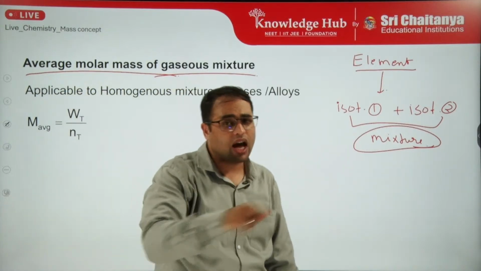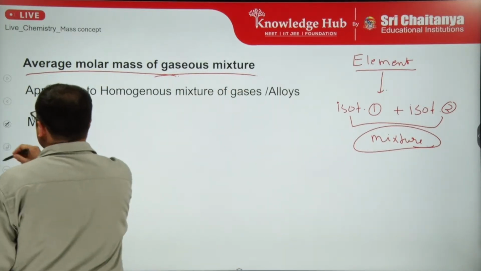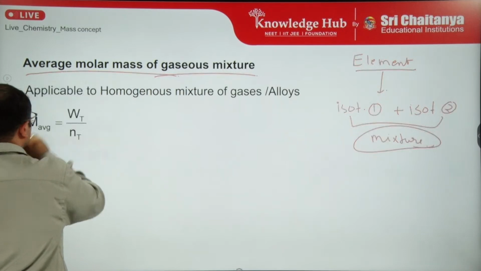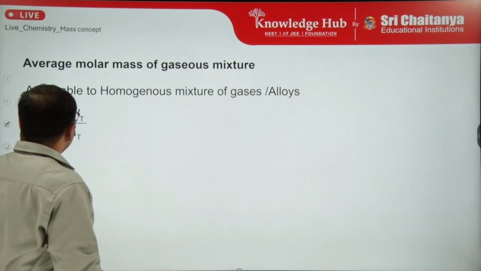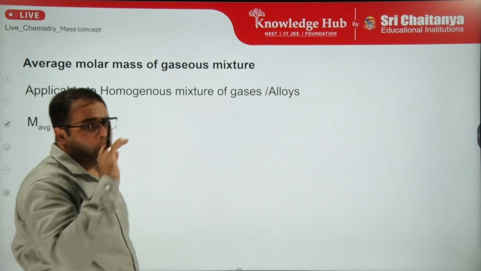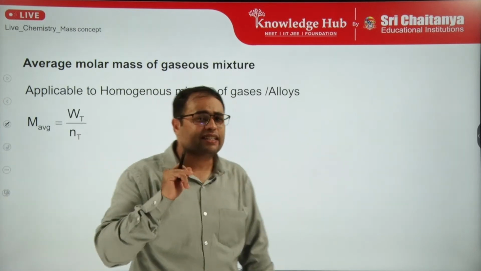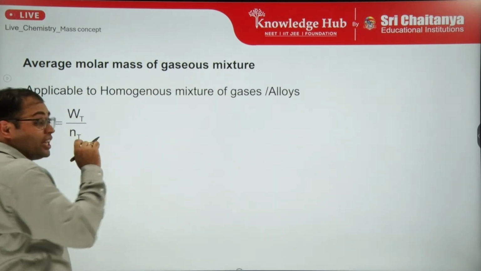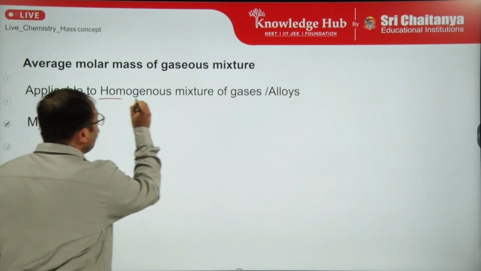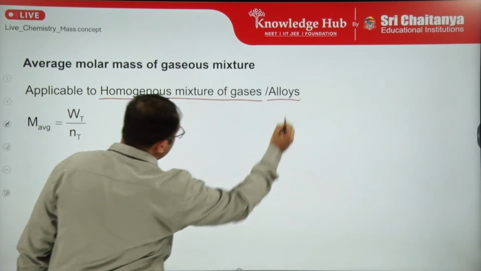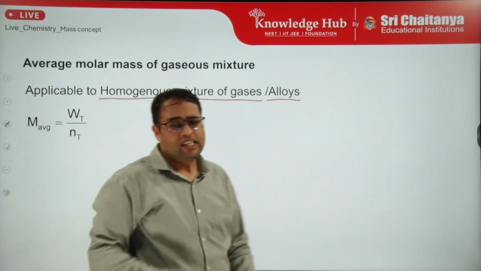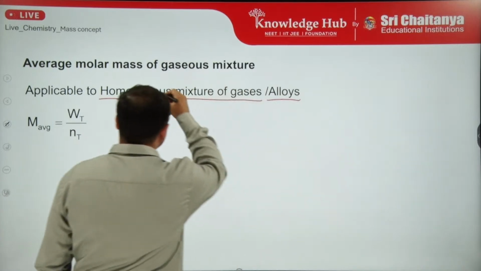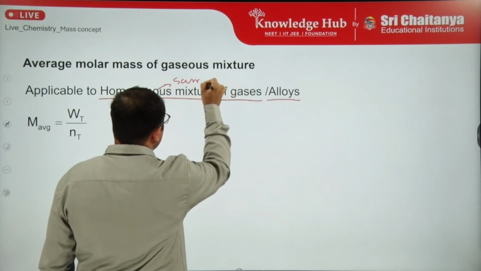Gaseous mixture is our next topic. So where can we use this formula, please tell me that. Well, we can use this formula if we have a homogeneous mixture of gases or alloys. Homogeneous, you know, right? Same everywhere.